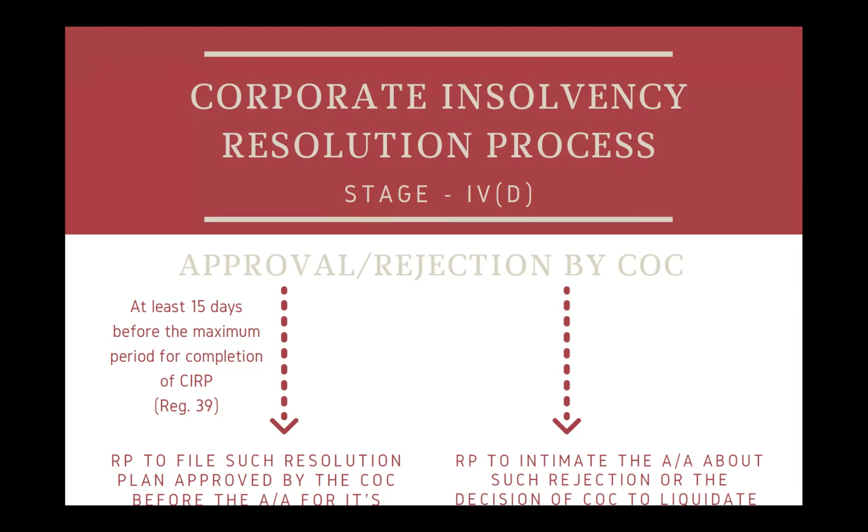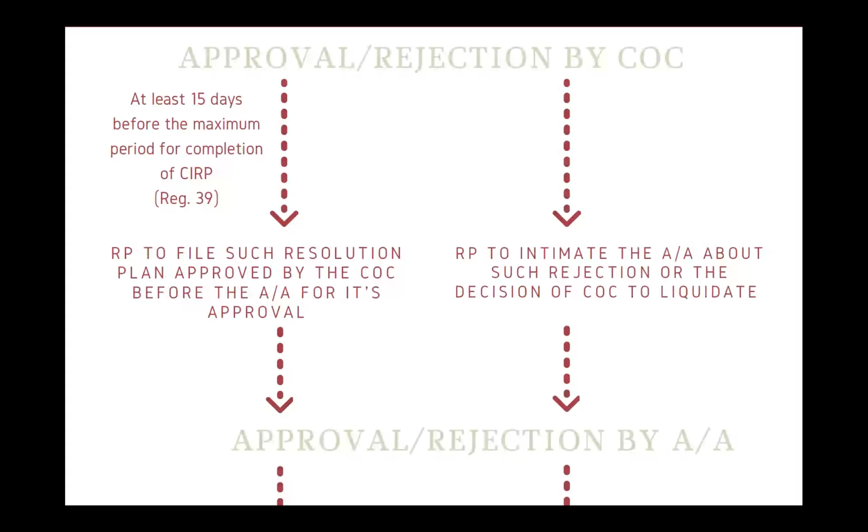So now the next stage, that is stage 4D. Stage 4D talks about approval or rejection by COC. Under stage 4D, after the plans have been received, the plans have been forwarded to the COC. The COC will evaluate all the plans based on the evaluation matrix, and scores will be assigned to the individual plans.